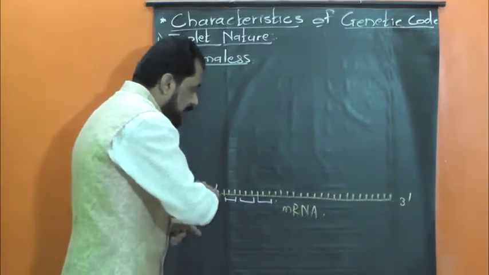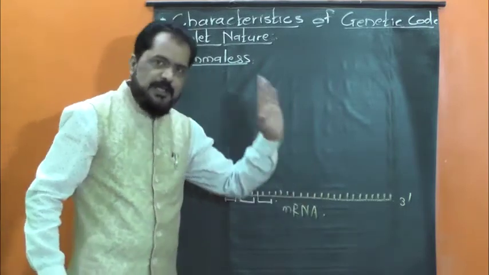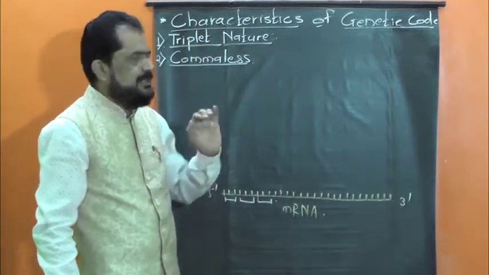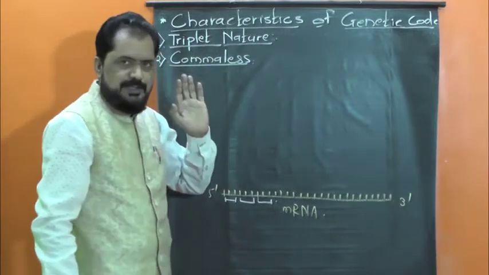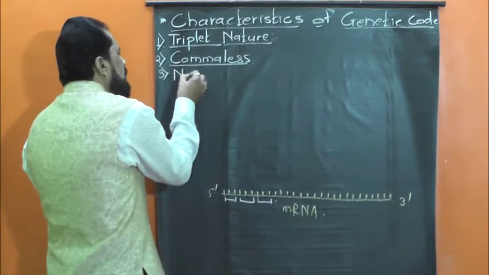All the codons are continuous from 5' end to the 3' end. This characteristic is called commaless. Genetic code is commaless.